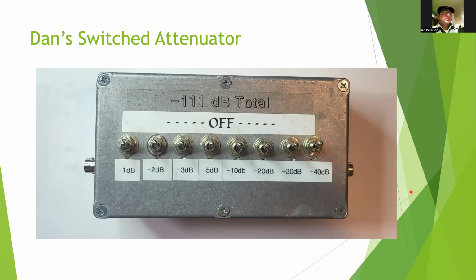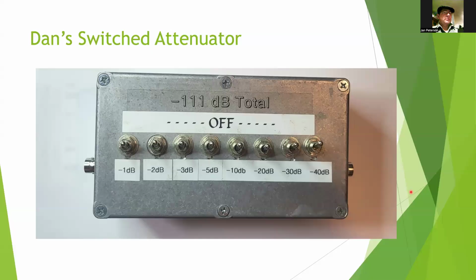It's got a bunch of little toggle switches, and at the top it says off, and at the bottom it says -1 dB, -2 dB, -3 dB, -5 dB, -10 dB, -20 dB, -30 dB, -40 dB. And so he's got a total of -111 dB. So it's negative, so it's reducing the signal strength, right?